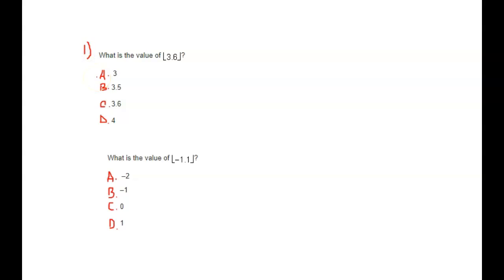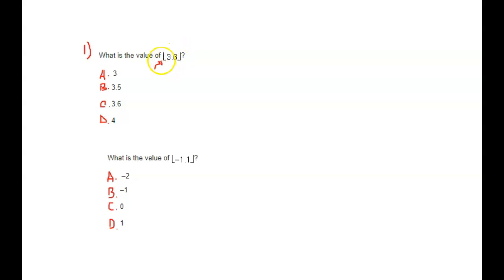What is the value of the greatest integer of 3.6? If I look at this, I know this is the greatest integer function because the brackets are going down. Remember, for the least integer one, the brackets will be at the top.